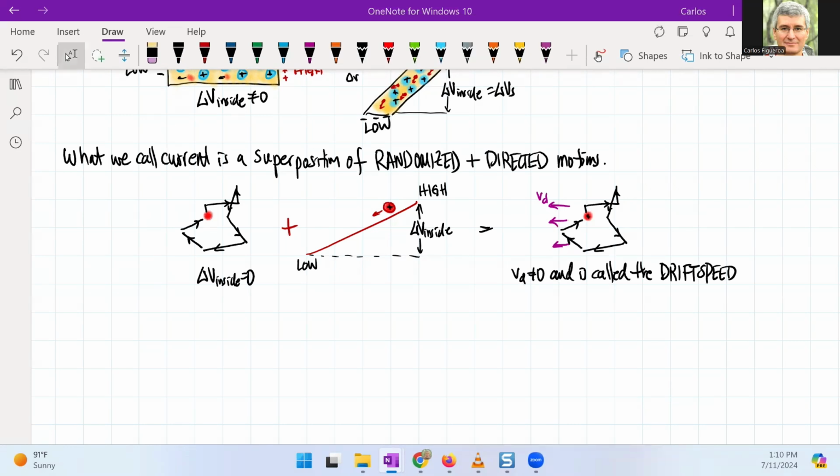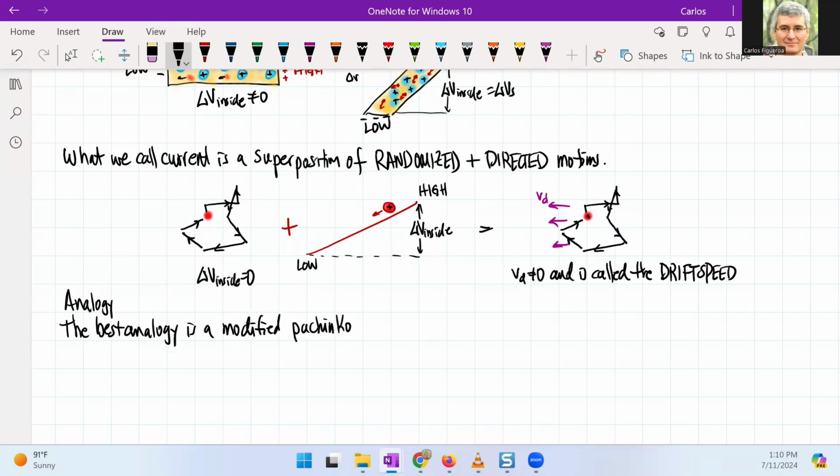Now, there is a really good analogy to think about. I think this is a really good analogy. And we have this, of course, in the lab at Cabrillo, but the best analogy is a modified pachinko machine.